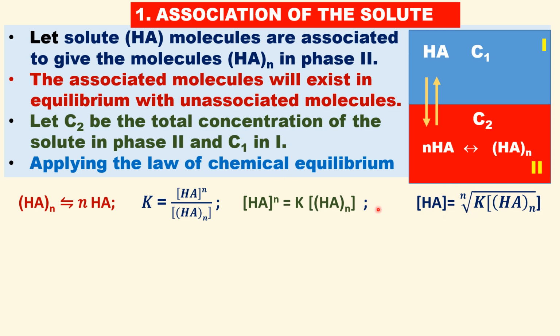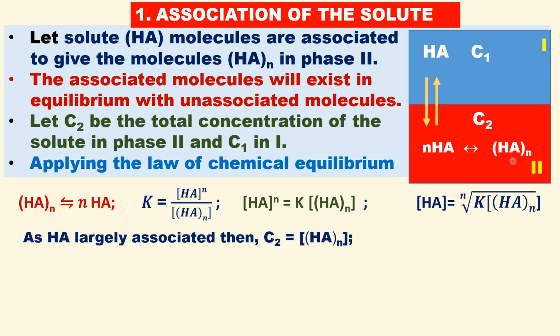As in benzene layer, benzoic acid is mostly associated, as HA is largely associated in phase 2, then C2 equals the concentration of the dimer only, not this. So let us substitute in this expression C2 for HA_n.